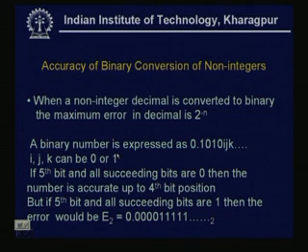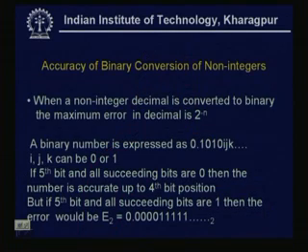First, we see the accuracy of binary conversion of non-integers. When a non-integer decimal is converted to a binary number, sometimes we truncate the number of digits to n.